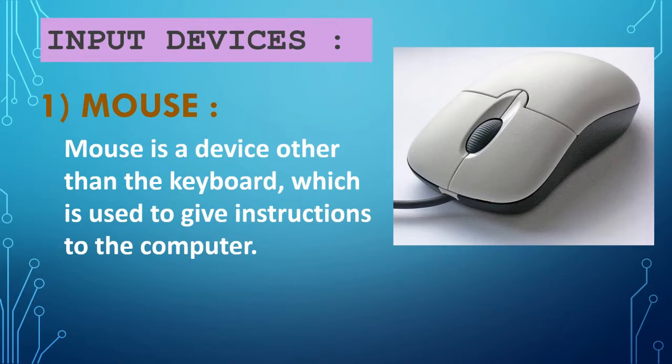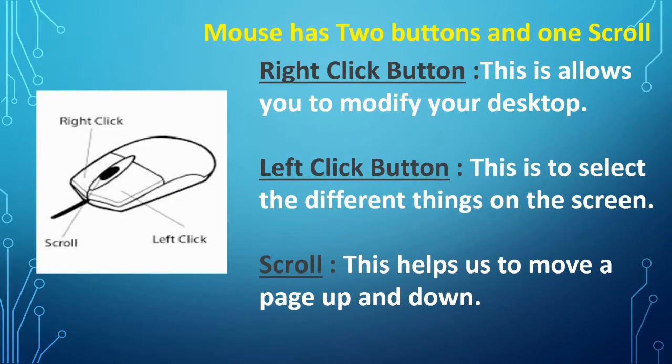Now let's learn more about mouse. Mouse has two buttons and one scroll. In the diagram, you can see that two buttons are there, that is right click button and left click button, and one scroll is there. So these are the three buttons. Now let's learn the work of these buttons.